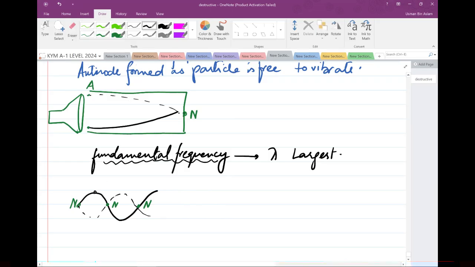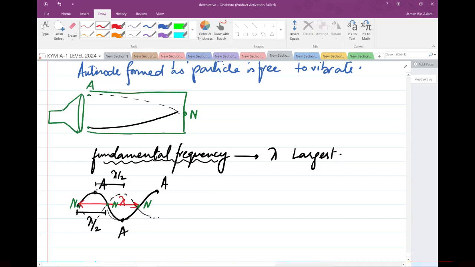These points here, this one's an antinode, this one's an antinode, this one's an antinode. So the distance from a node to a node is half a wavelength. The distance from an antinode to an antinode is half a wavelength as well. The distance from one node, skipping another node, to the next node is going to be one complete wavelength.